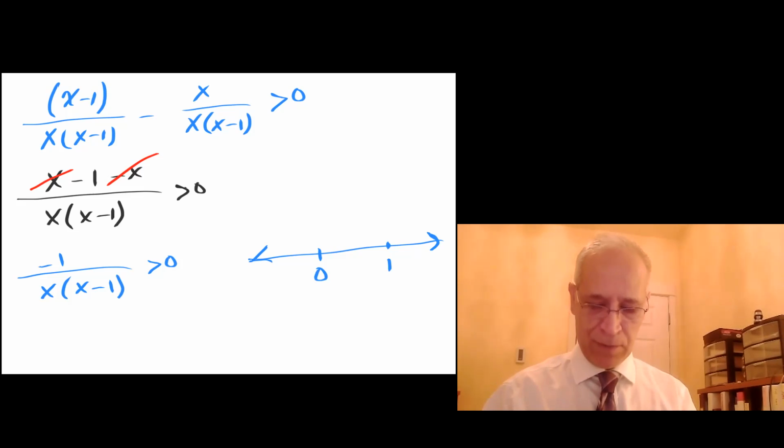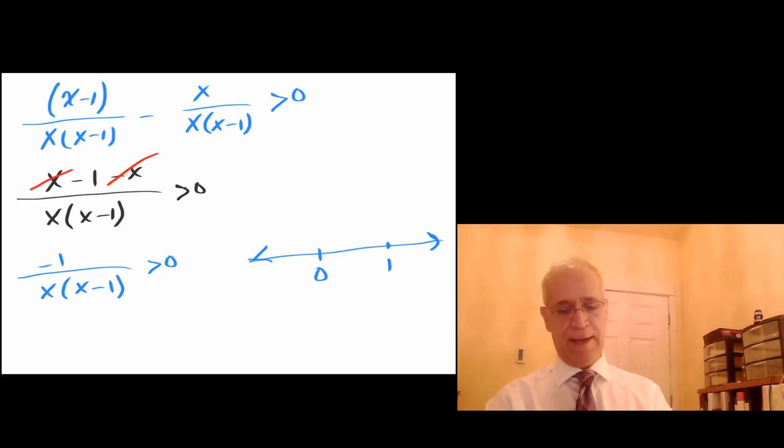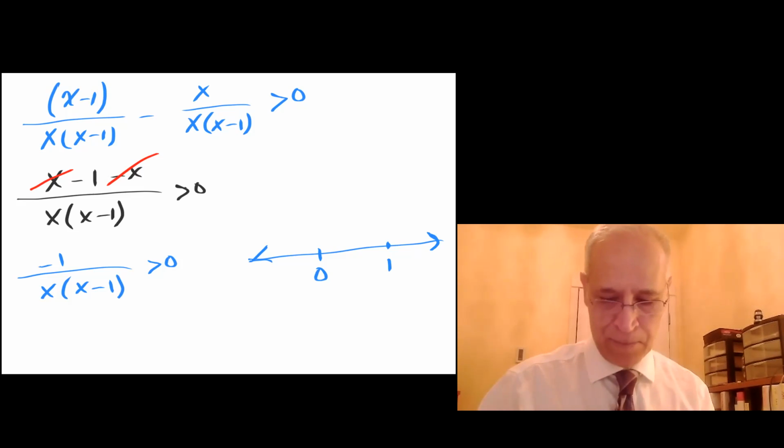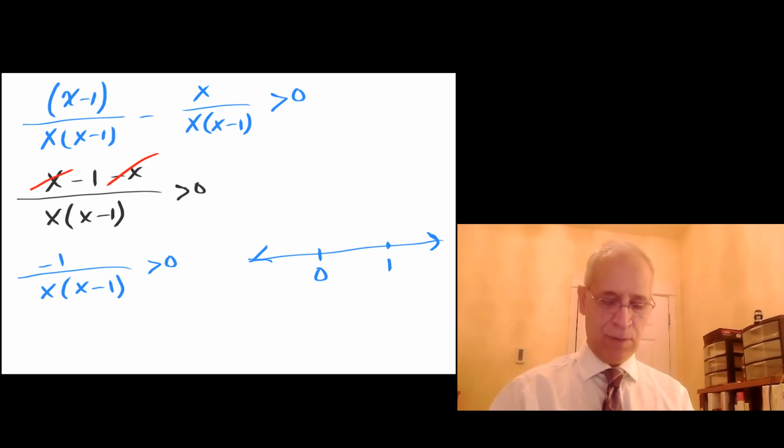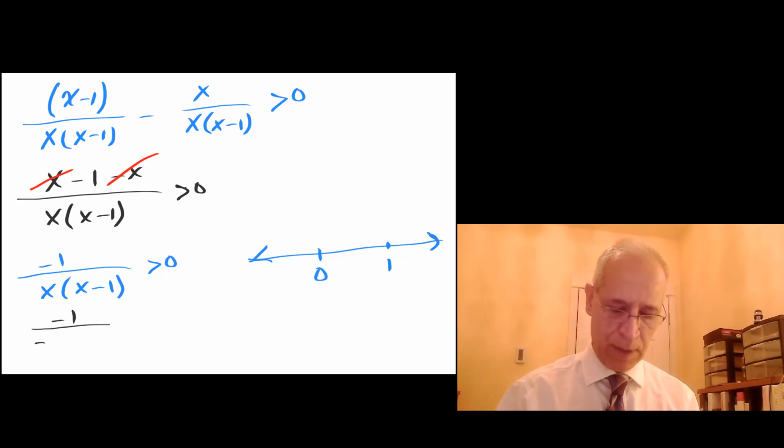If I pick a number to the left of 0, let's say negative 1, and I plug that into the x's, I'm going to get negative 1 over negative 1 times negative 1 minus 1. So that gives me negative 2 times negative 1, which gives me a positive 2.